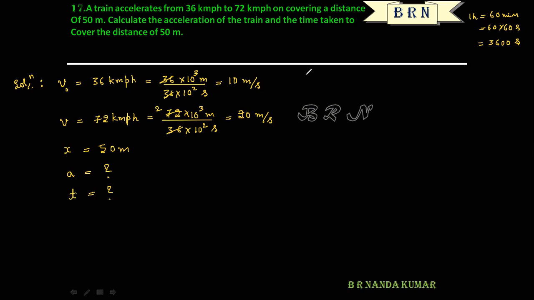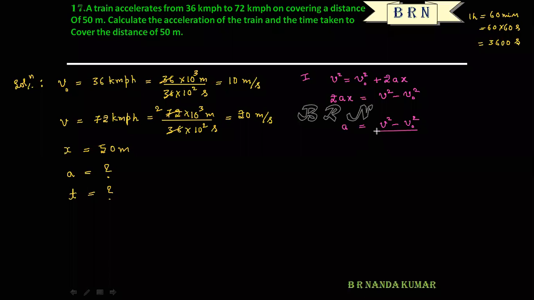So by using the third kinematic equation, that is v square is equal to v naught square plus 2ax. So 2ax is equal to v square minus v naught square. So a is equal to v square minus v naught square divided by 2x.